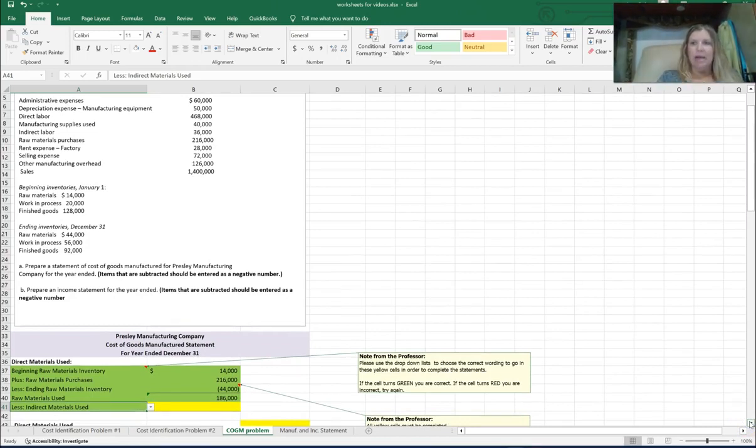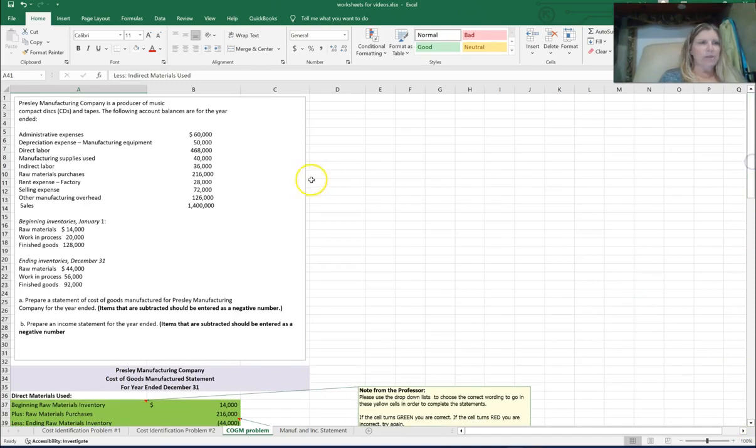The company is going to buy a bulk batch of raw materials, have them sitting in inventory, and they can either pull those out and they become direct materials if they're directly traceable to the product, or they could be indirect materials, like something that is used in the product, but it doesn't cost as much, or it's immaterial to trace it directly to the product. So those become indirect materials, and they would be part of manufacturing overhead. So we need to subtract those out if there are any to figure out what our direct materials are.